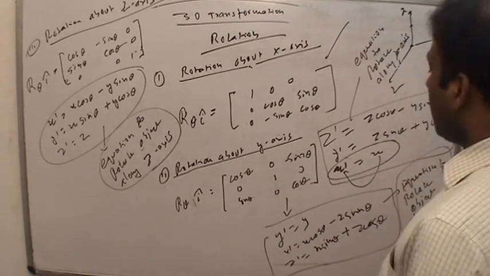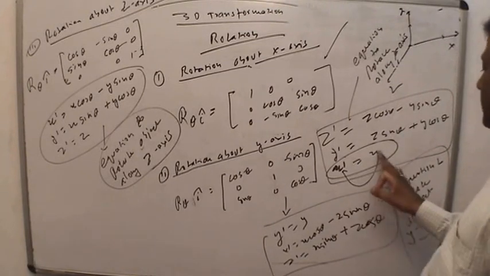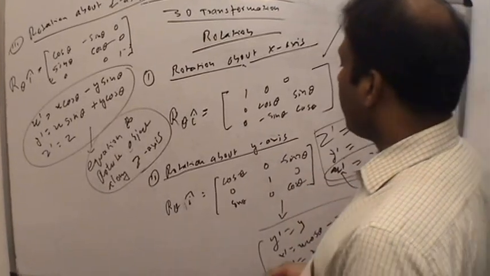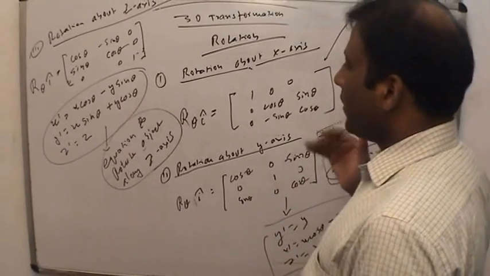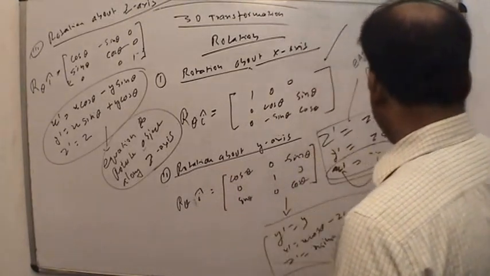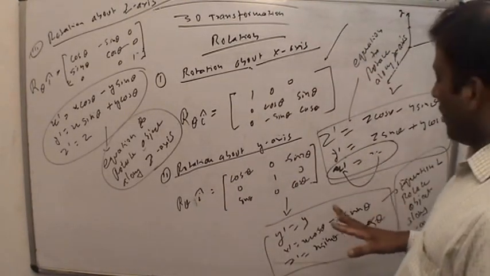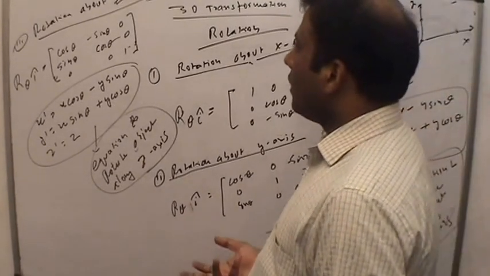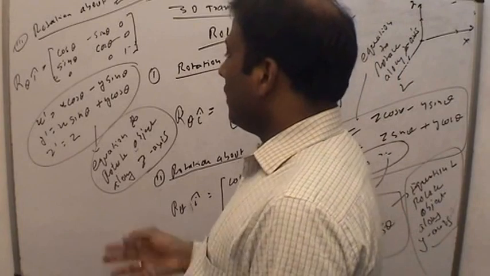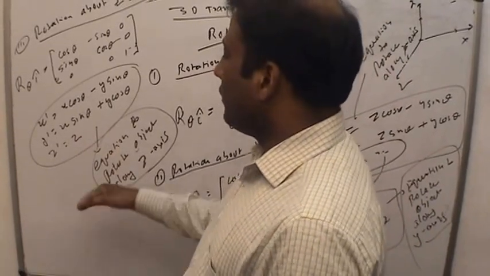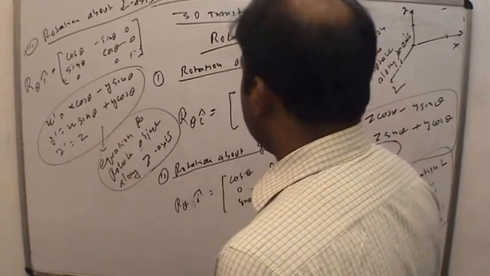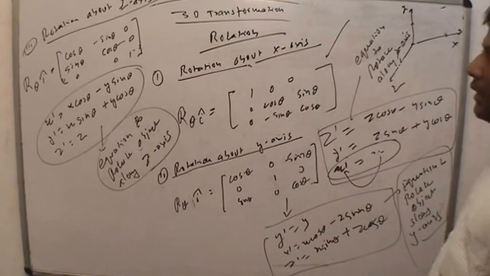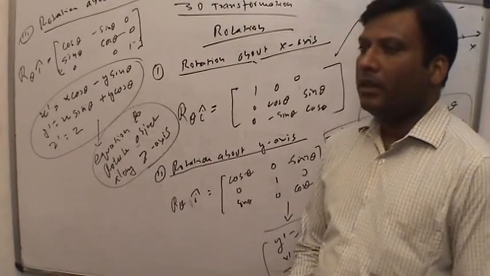When we rotate the object along the x-axis, we have to fix x; when we rotate along the y-axis, we place the value of y in y dash; and when we rotate along the z-axis, we place the value of z in z dash.